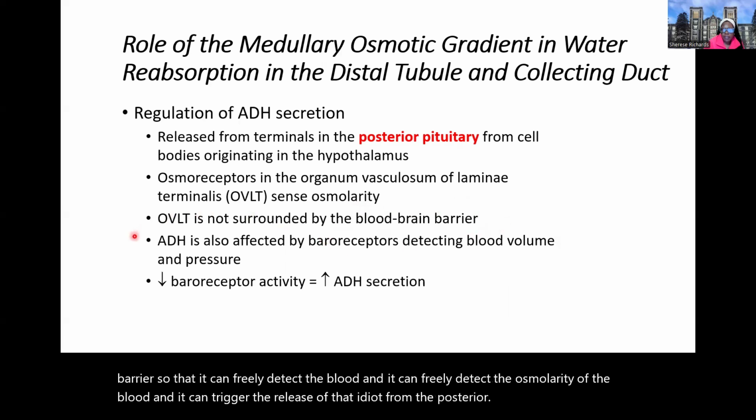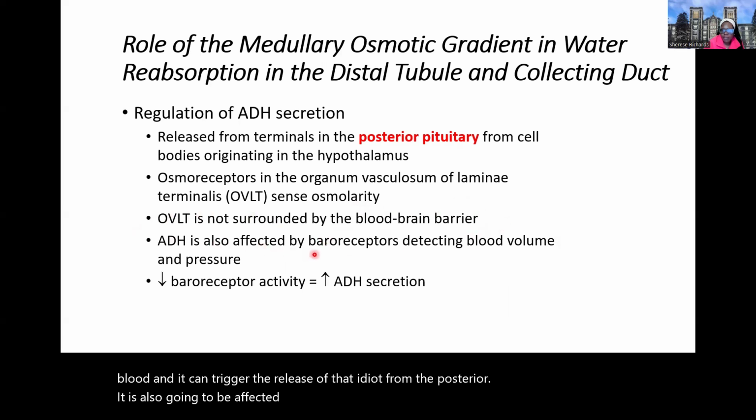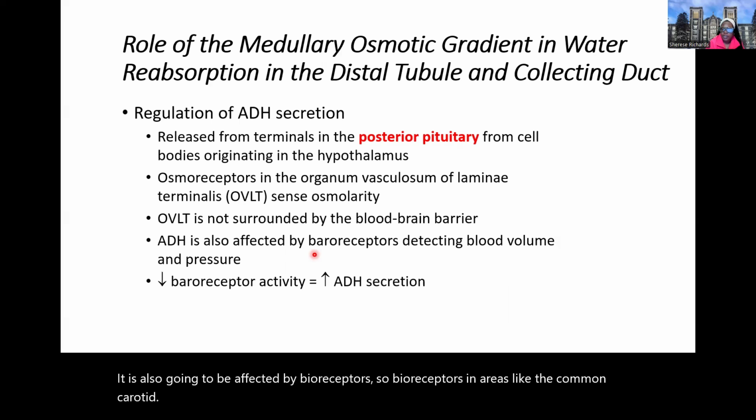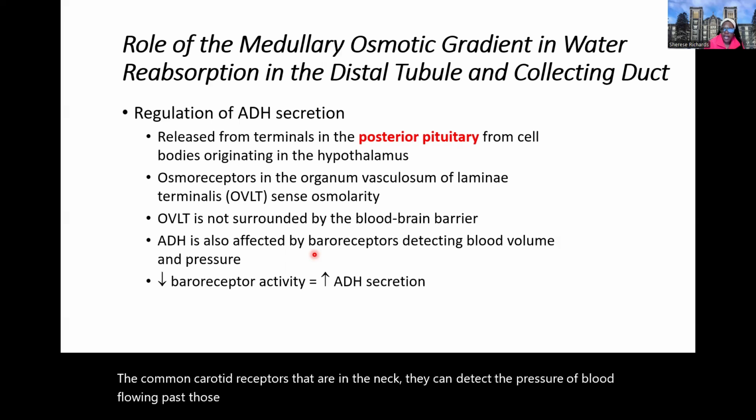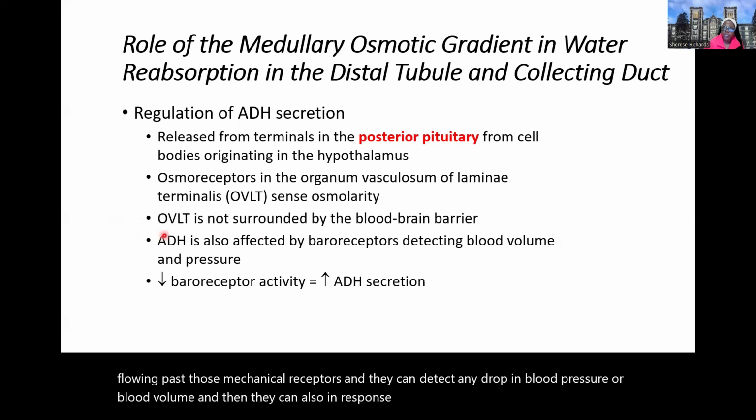It is also going to be affected by baroreceptors. So baroreceptors in areas like the common carotid receptors that are in the neck, they can detect the pressure of blood flowing past those mechanical receptors, and they can detect any drop in blood pressure or blood volume, and then they can also, in response, secrete ADH in order to preserve water and raise that blood pressure.